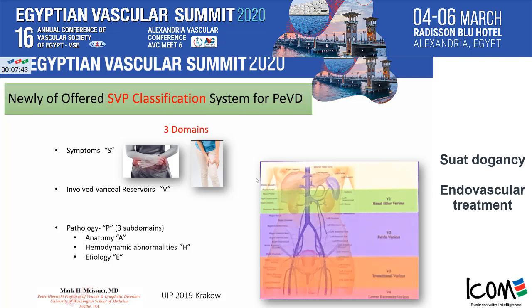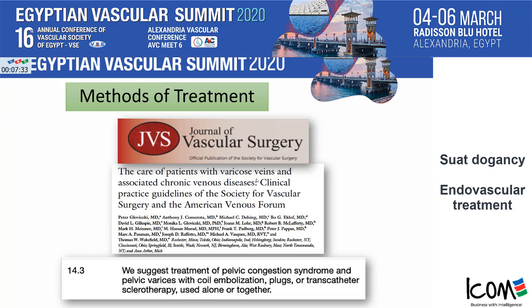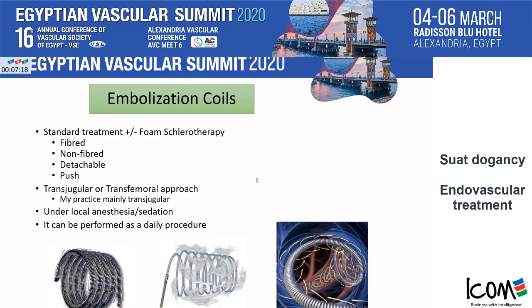As we see, we have four variceal reservoir parts, starting from the renal hilar varices going to the lower extremities. When we look at the guidelines, the suggested therapy for pelvic congestion syndrome and pelvic varices is coil embolization, plugs, or transcatheter sclerotherapy, either used alone or in combination.